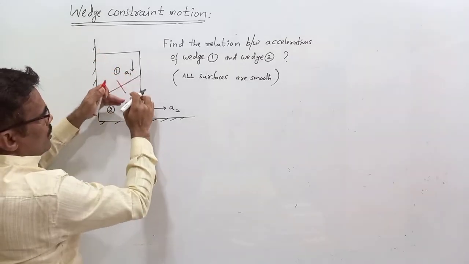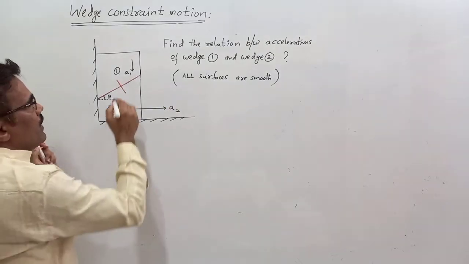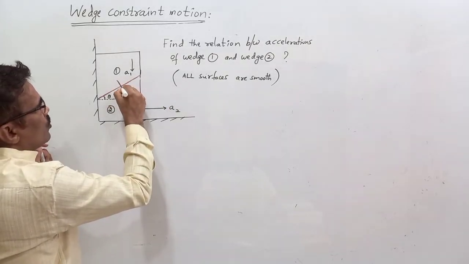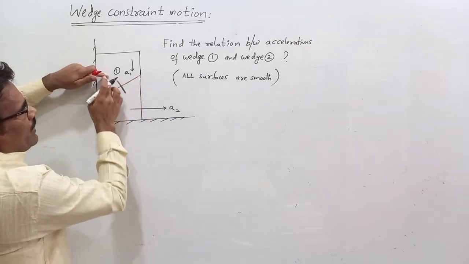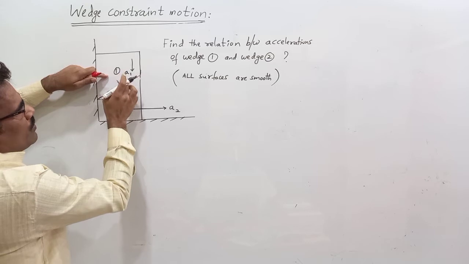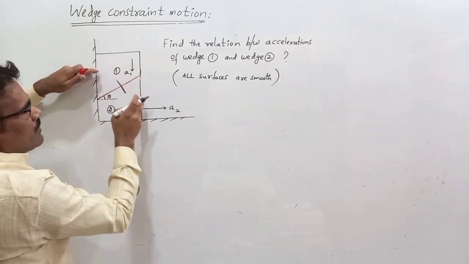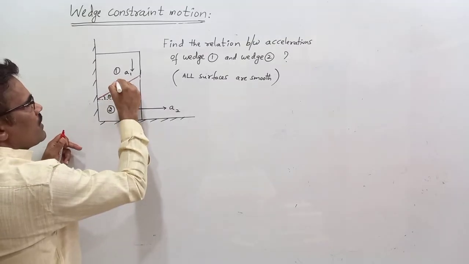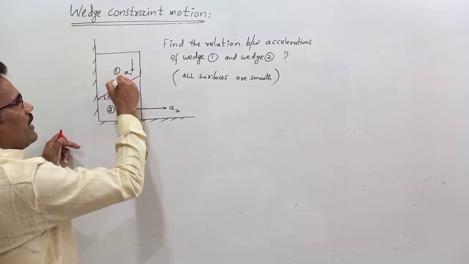One moves down, the other moves horizontally. But perpendicular to the contact surface, both components of accelerations and velocities are the same, because they are always attached only in the perpendicular direction.